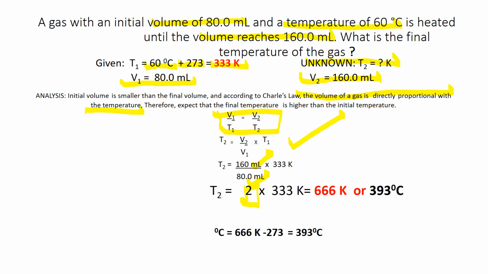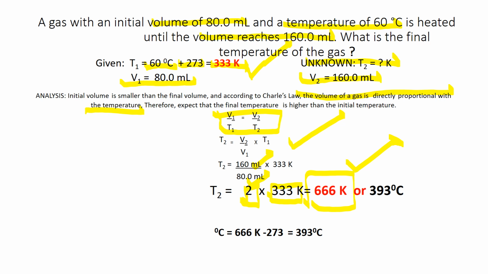So 2 is the factor times T1, which is 333 Kelvin. The answer is 666 Kelvin. It makes sense. From 333 to 666. So the volume is doubled. The temperature in Kelvin is also doubled.